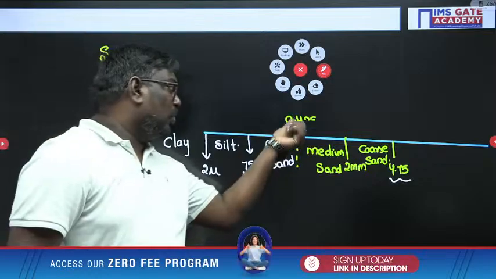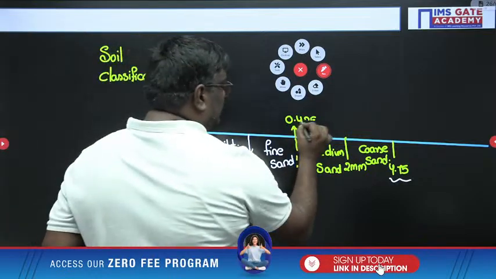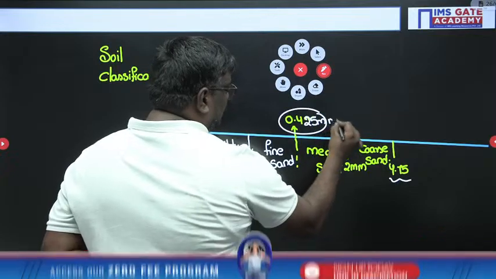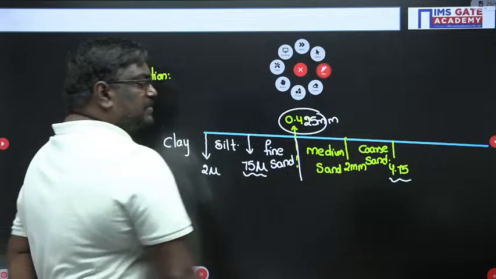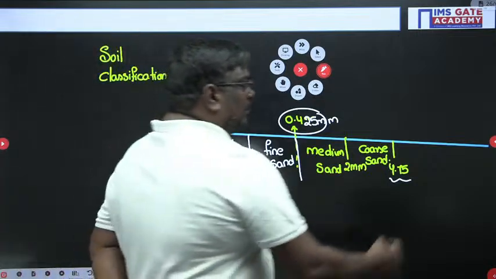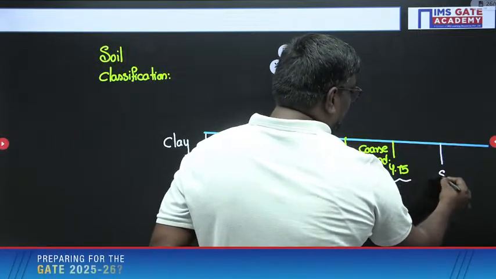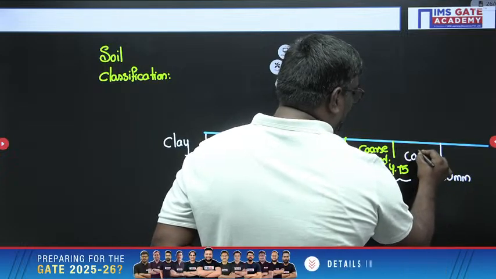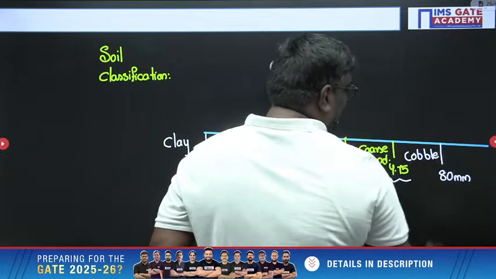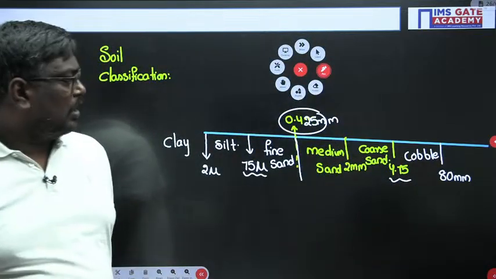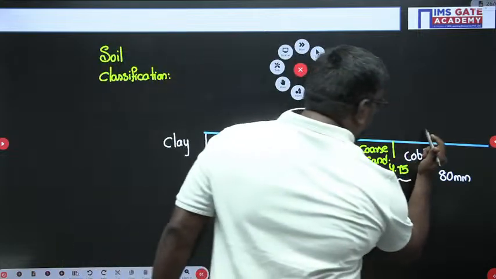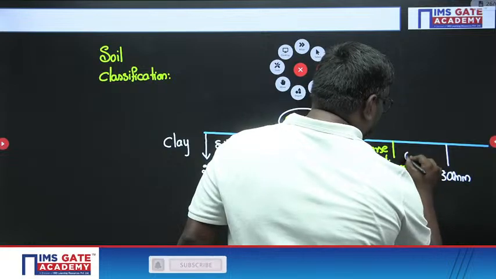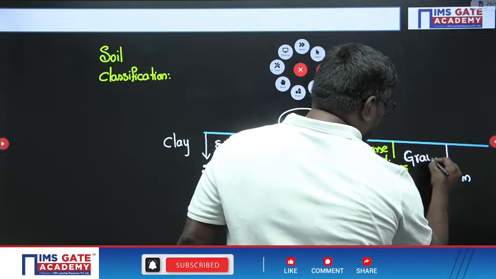But again, here 0.425 mm, it is called fine sand, medium sand and also coarse sand. And 4.75 mm to 80 mm we call gravel.